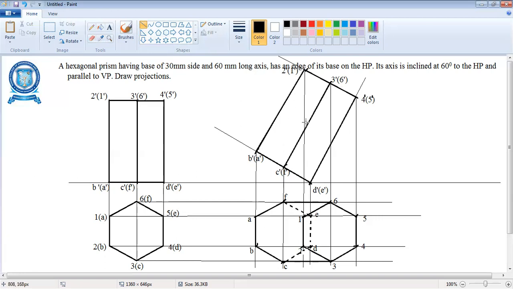We already drew 3C and 6F darker because they are outer edges, and 1A and 2B we have to darken. 4D and 5E are invisible, so we mark them as hidden lines.